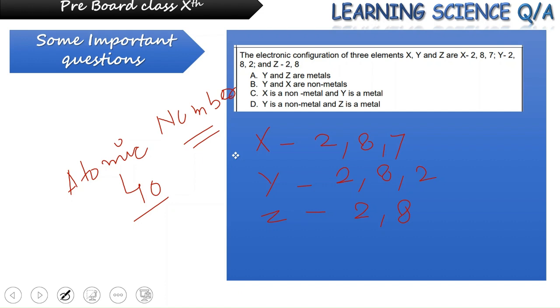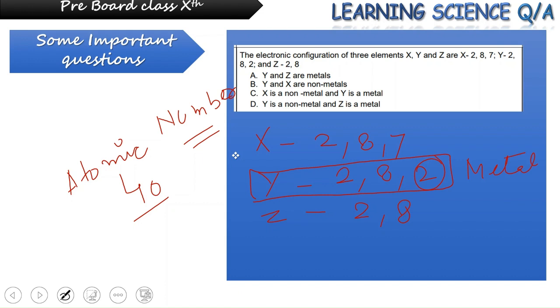Always remember, any element having 1, 2 or 3 electrons in its outermost shell is most probably a metal. So out of this, we have Y having 2 electrons in the outermost orbit. Most probably this is a metal.